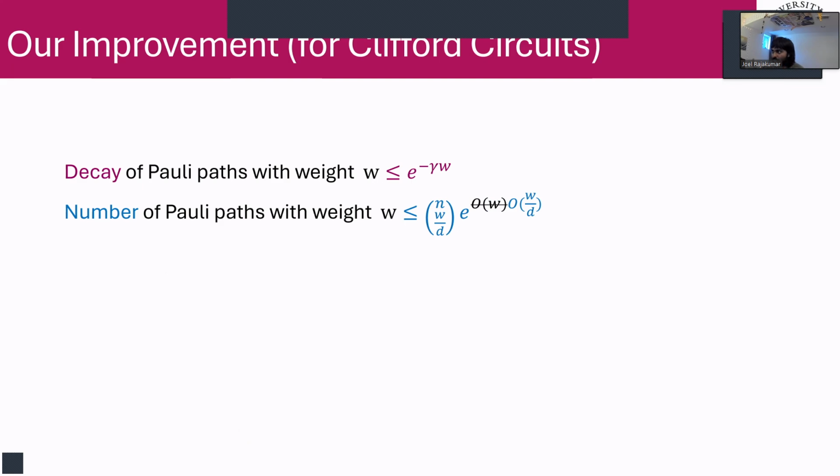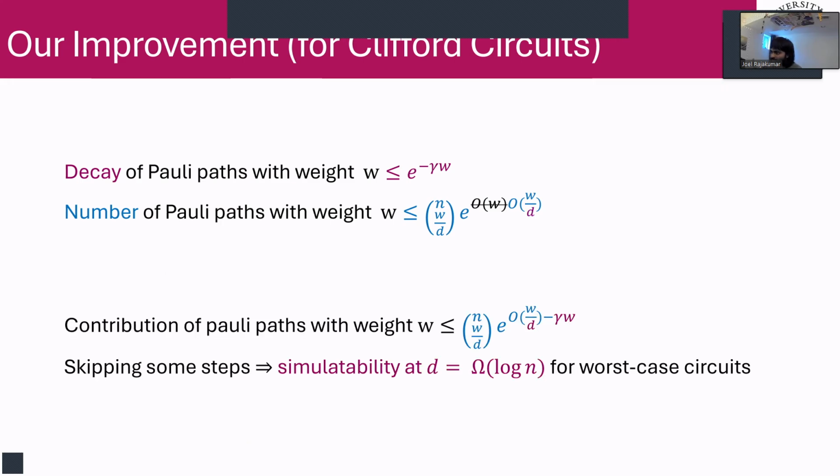Basically, our improvement is that for Clifford circuits, you can show that this number is not e to the O of w, it's e to the O of w over d. This is getting at the idea that the larger the depth, the more you can bound how many polypaths you have.